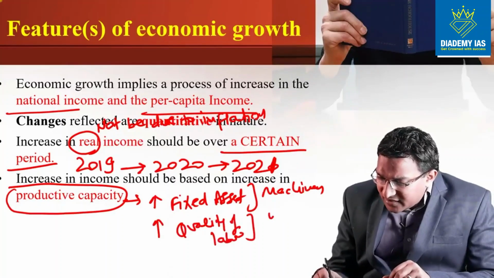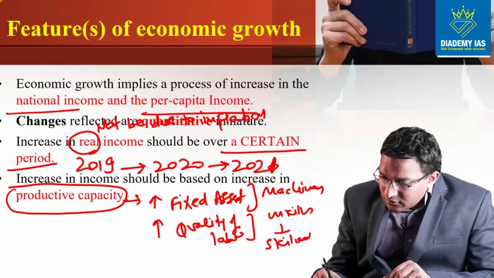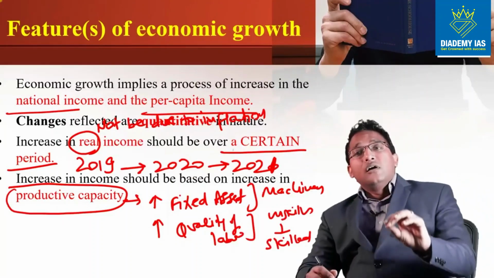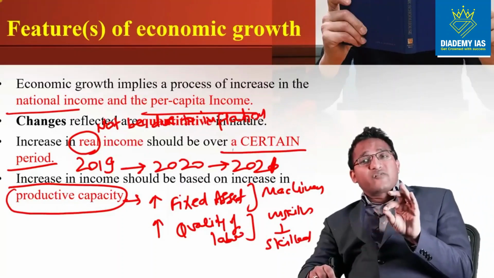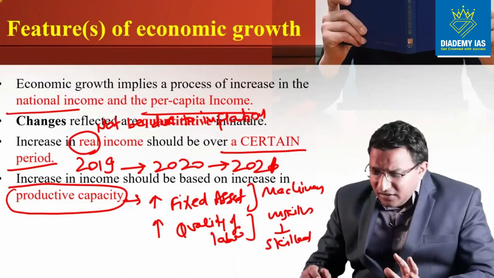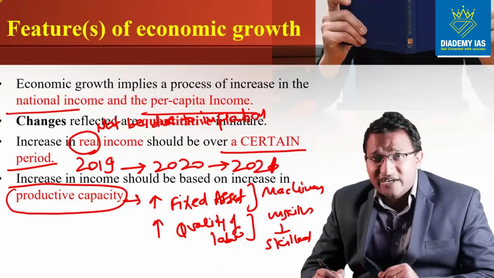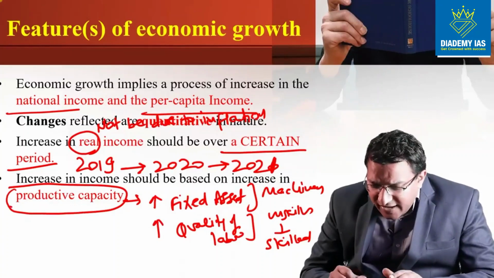So earlier the person was unskilled and now the person is skilled. So it can be an increase in the quality of technology, or in the quality of labor, or in the quantity of labor, or in the quantity of fixed assets. In any way, the productive capacity has to increase.